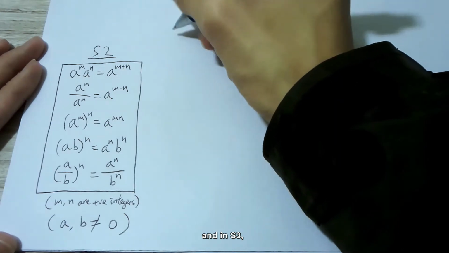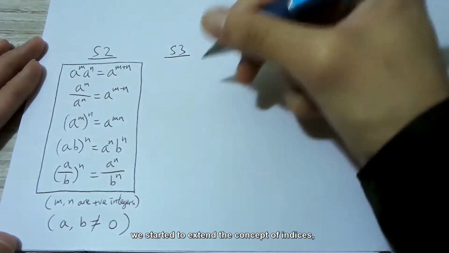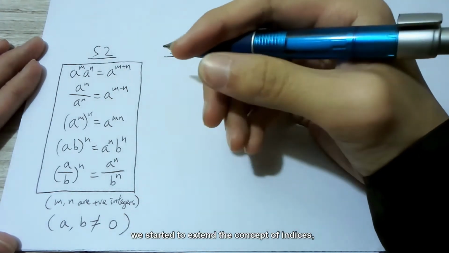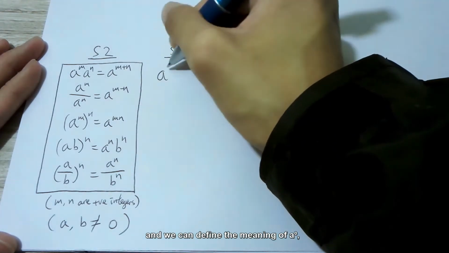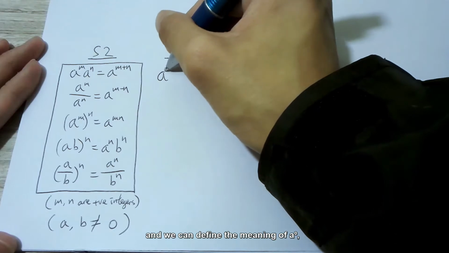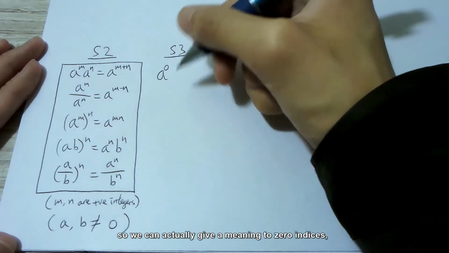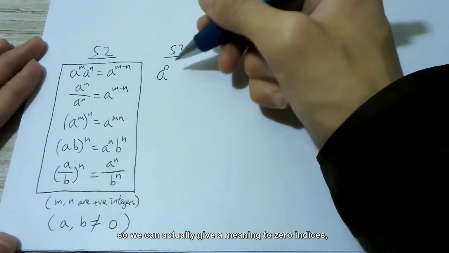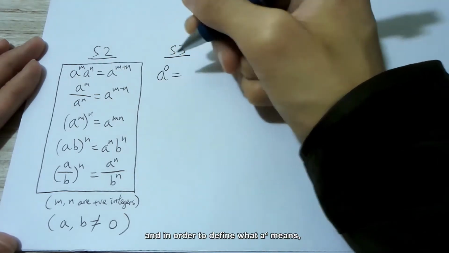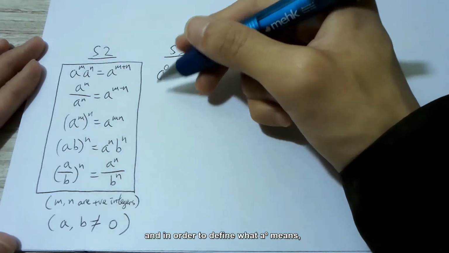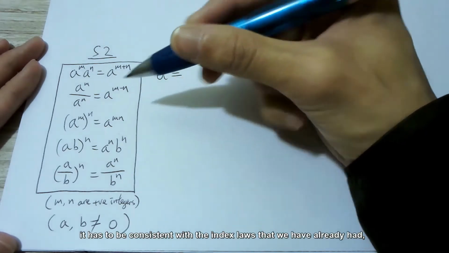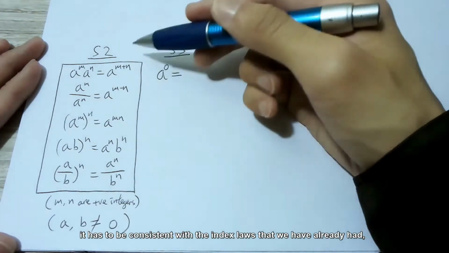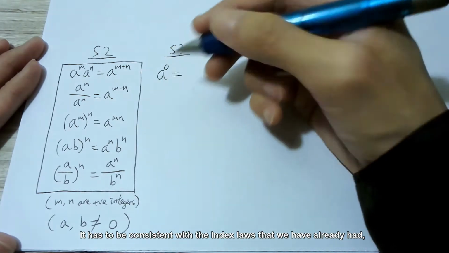And in S3, we started to extend the concept of indices, and we can define the meaning of a to the power 0. So we can actually give a meaning to 0 indices. In order to define what a to the power 0 means, it has to be consistent with the index laws that we already have.